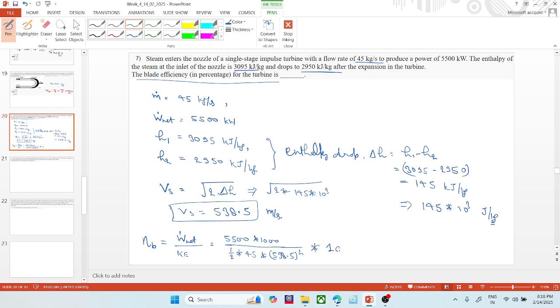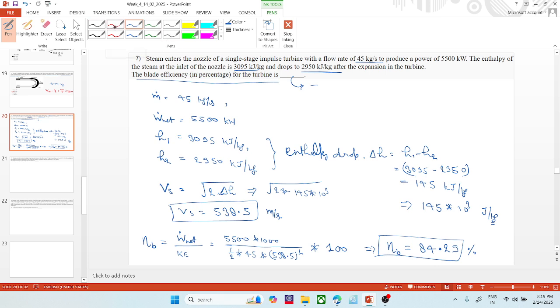To convert into percentage, I will multiply it by 100. So from here, the blade efficiency will come out to be 84.29 percent.